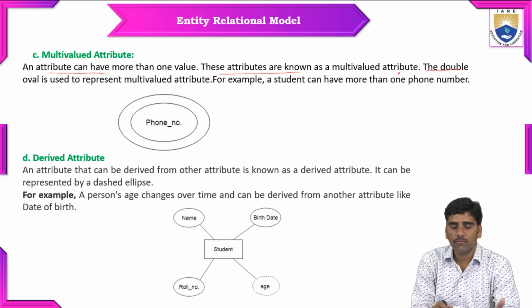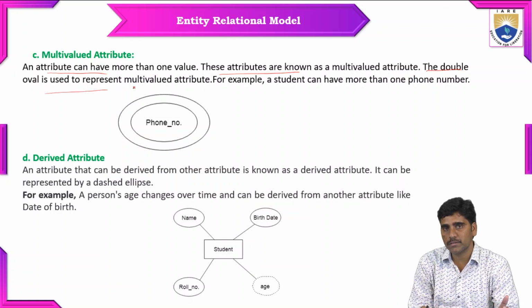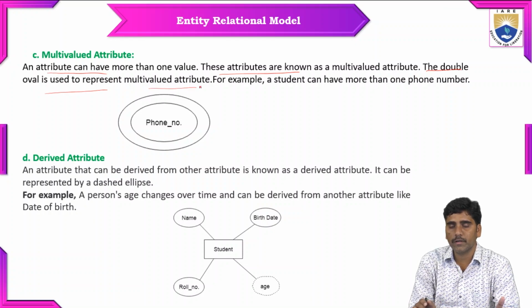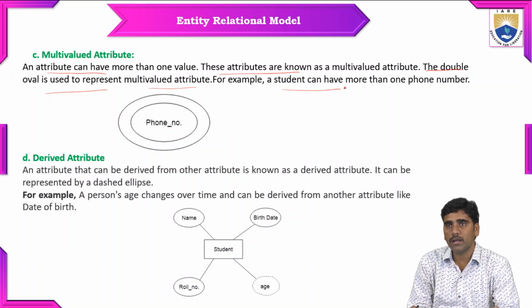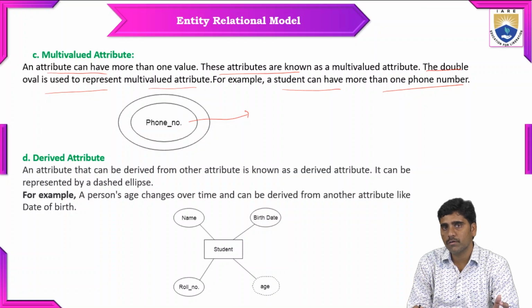The double ellipse is used to represent a multi-valued attribute. For example, a student can have more than one phone number. So here phone number is the attribute, which can have more than one value.